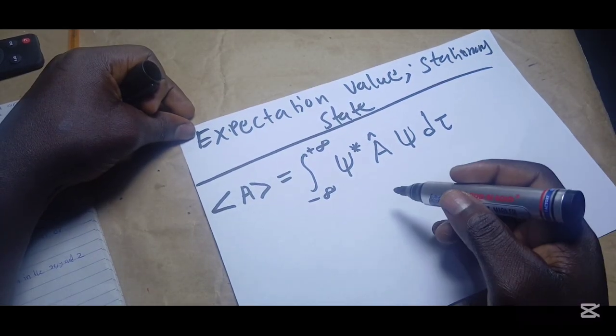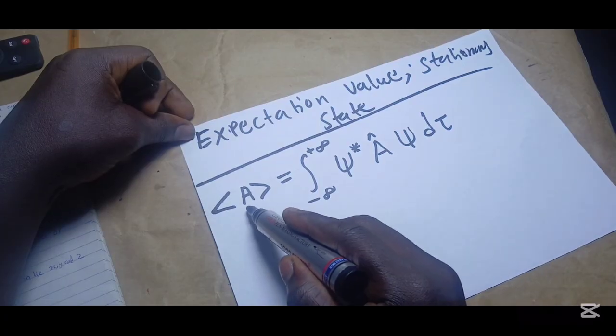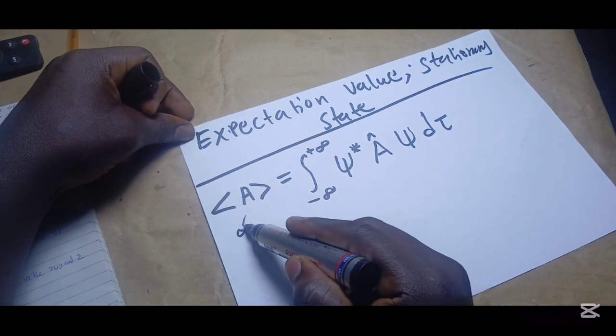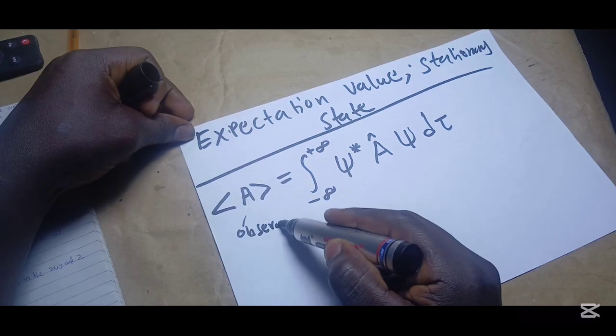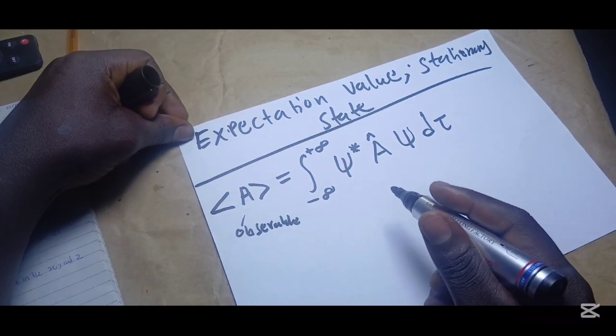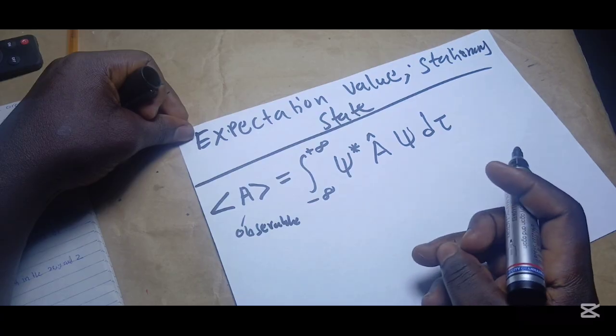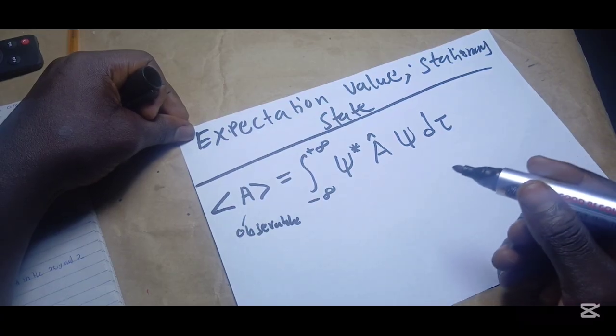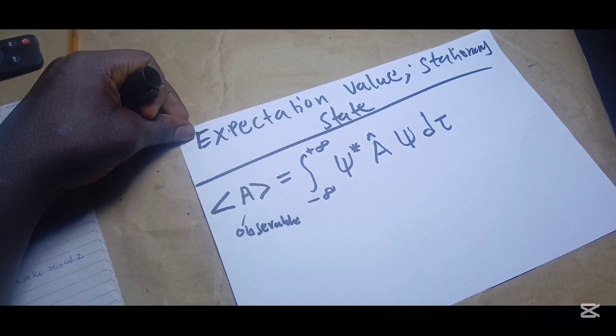So let me read again. Expectation value of observable A. A is the observable, and an observable is what we can measure: momentum, force, and others.